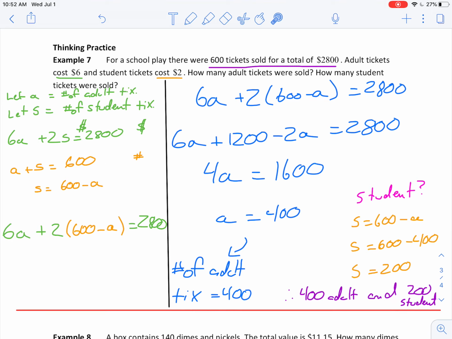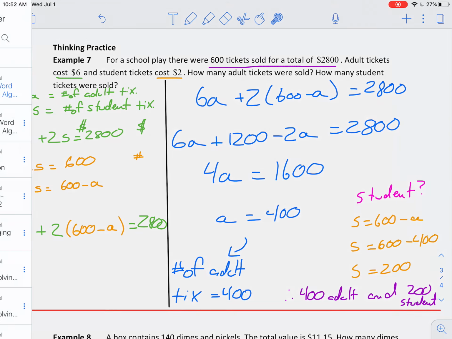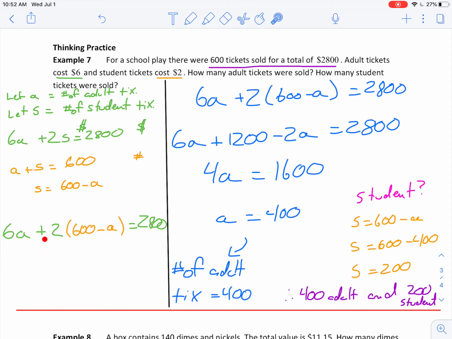I can bring this A over so that the student tickets are actually 600 minus A. So when I plug this into my equation, I end up getting 6A plus 2 times 600 minus A, which is our S value, is equal to 2,800. Now I can solve for A because I have a single variable in this equation.